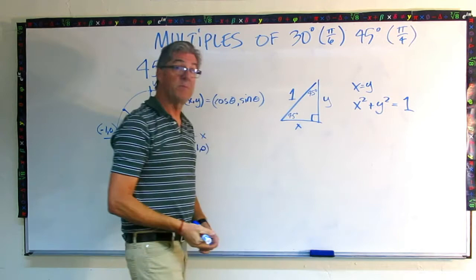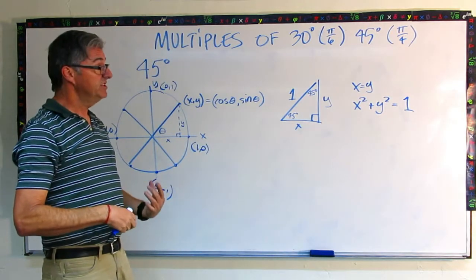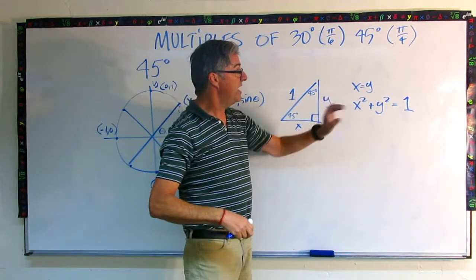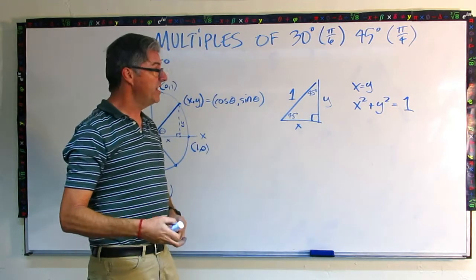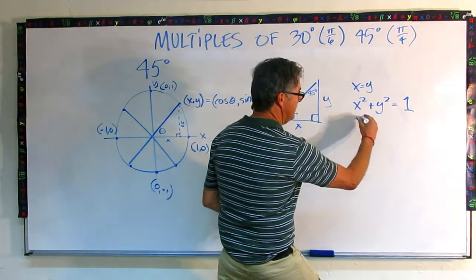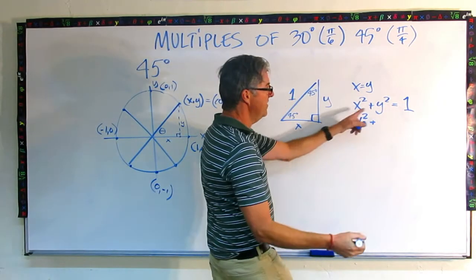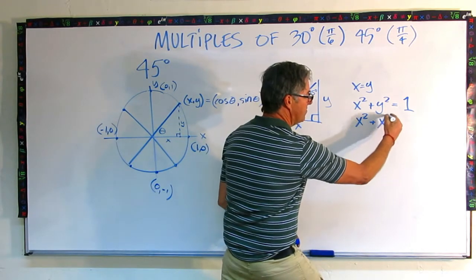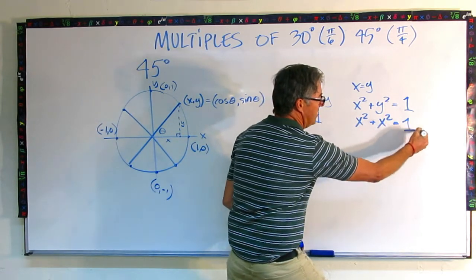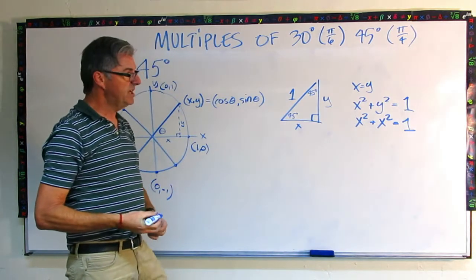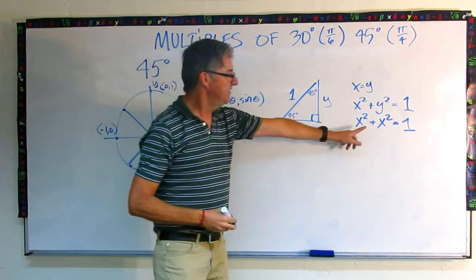We know that's true from the Pythagorean theorem. Now, since we know that x equals y, we can substitute one for the other. So I'm going to write x squared, but since I know x and y are equal, I can just write x squared again, equals 1. I just substituted x for y in this equation.